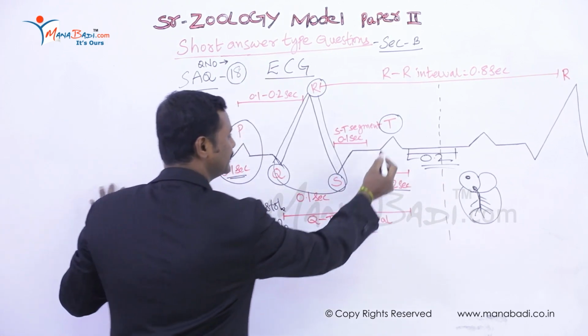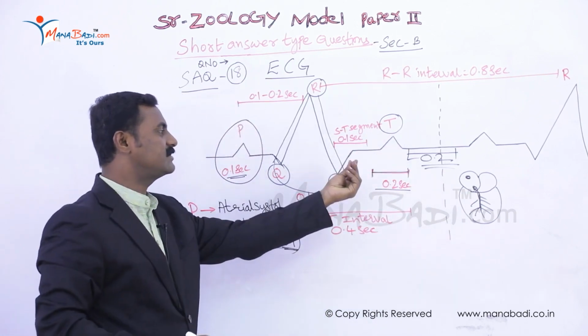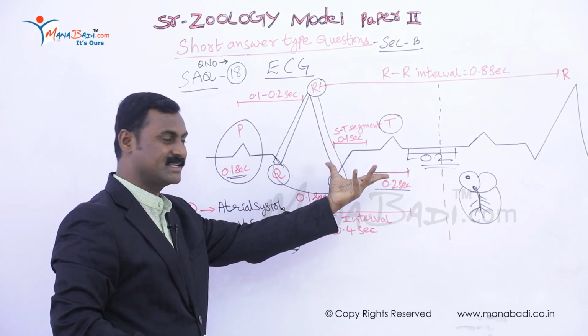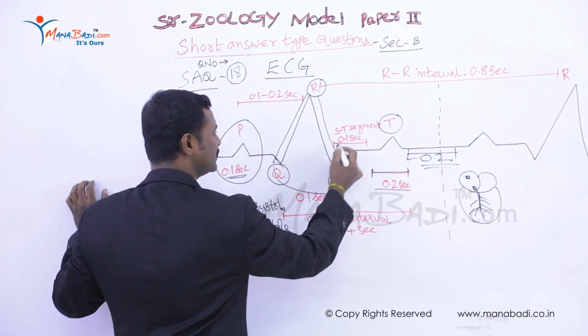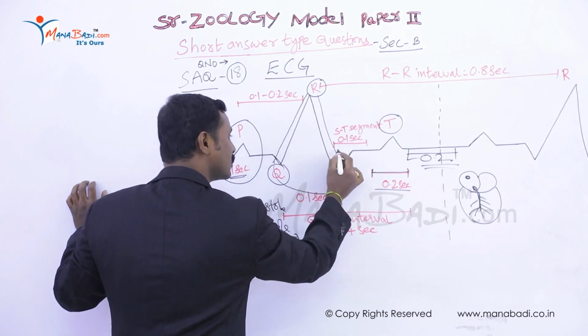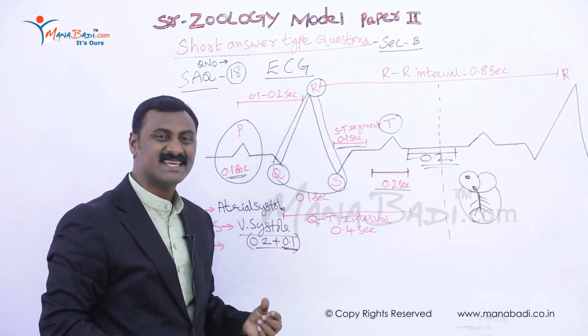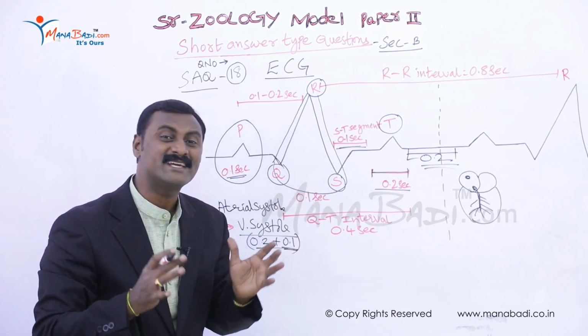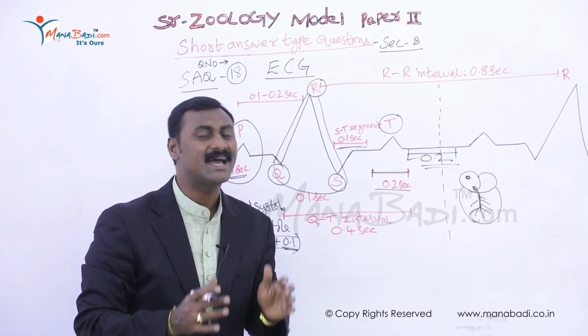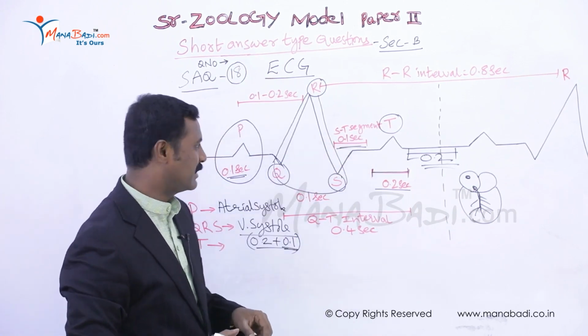So anyway, the T wave, whatever you are observing from here to here, this particular T wave is the diastole stage. Between cardiac diastole and ventricular systole, there is a gap you are observing. This is called the ST segment. It is a zero voltage phase because no such action is going on. So that's why this is all about the ST segment.